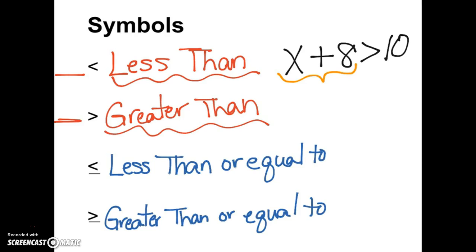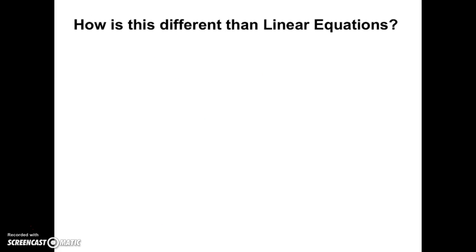Okay, so let's look at some similarities and differences between a linear inequality and a linear equation that we looked at in the last section of this chapter. So remember that linear inequalities and linear equations are both going to be similar in a lot of ways.